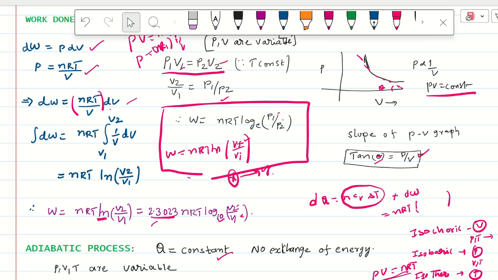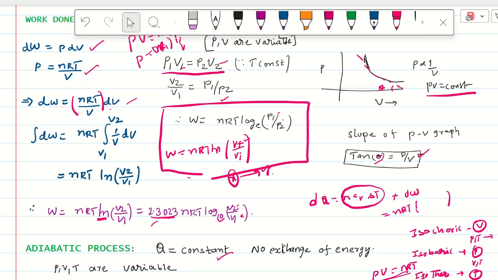Sometimes they will confuse you in the question: the volume changes from 1 meter cube to 2 meter cube, therefore 2 meter cube is the V final and 1 meter cube is the V initial. From where to where it is changing, that is initial and final, like that you can remember. This is from where to where, that means the initial one is initial volume and the final is final volume, right?